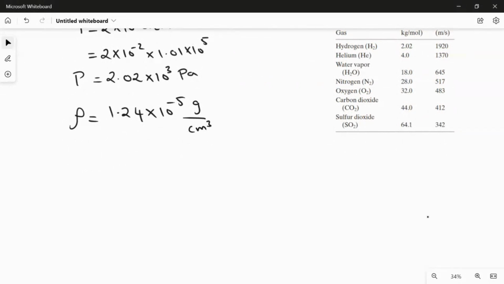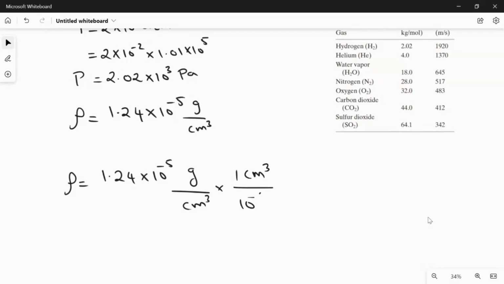We already know 1 centimeter cube is equal to 10^-6 meter cube, and 1 kilogram is equal to 10^3 gram.